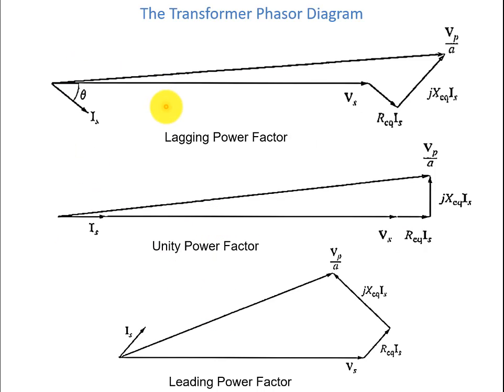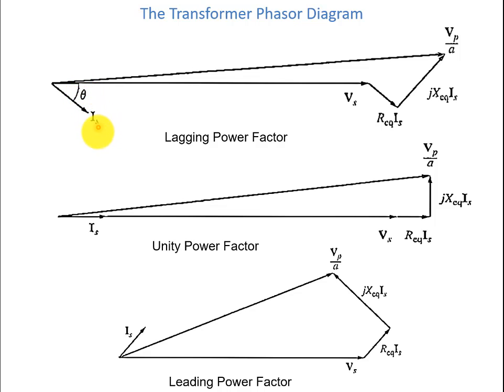Because our power system can work at various power factors, it could be a lagging power factor, a unity power factor, or a leading power factor. We assume Vs as our reference voltage, and Is, if it is a lagging power factor, will lag by angle theta.